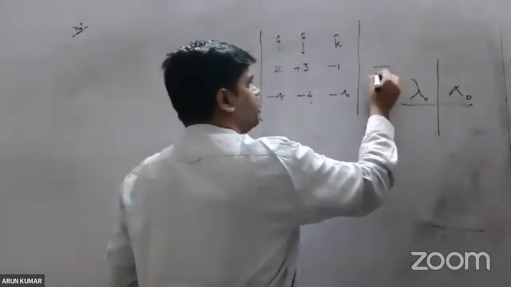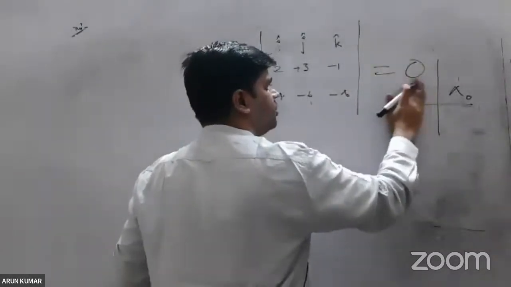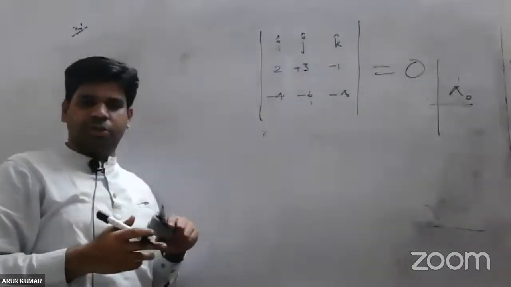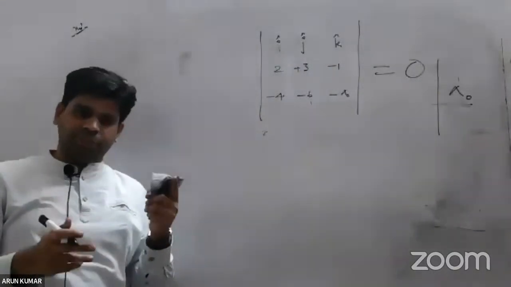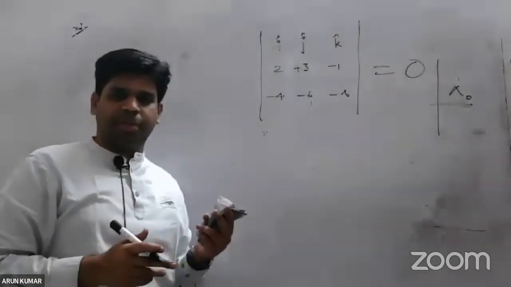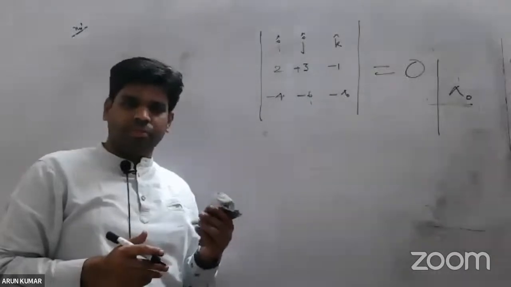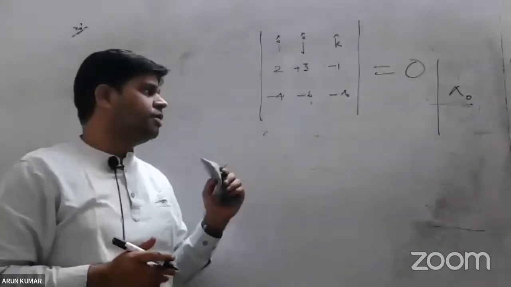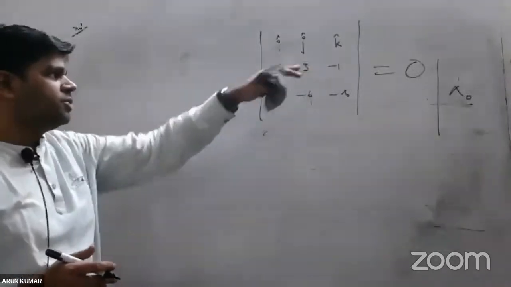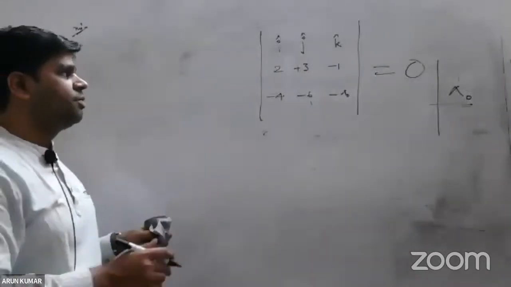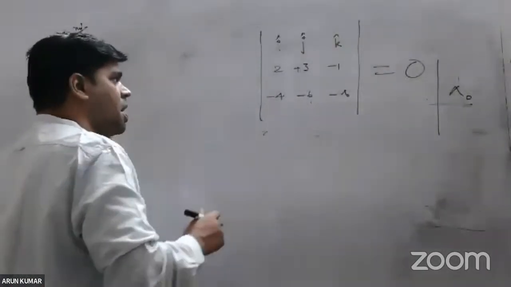Now this should be equal to 0. Why is it 0? Because I said they are parallel. If they're parallel, cross product is 0. If they're perpendicular, dot product is 0. Why is cross product 0? Angle between them is 0. Sine 0 is 0. AB sin theta is the magnitude of the cross product, which is sin 0 is 0, so I get cross product as 0. That's why I'm equating this determinant to 0. The only variable is lambda naught. I'll get the value of lambda naught. Let's find out what is the value of lambda naught.